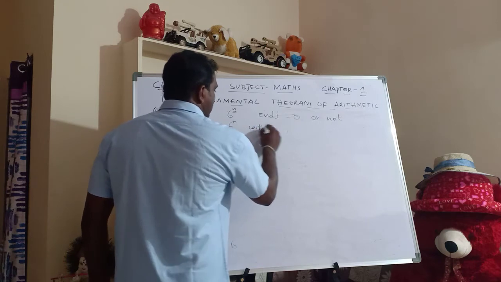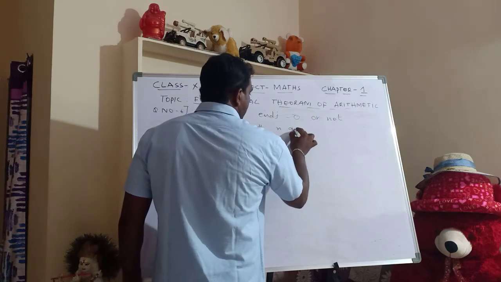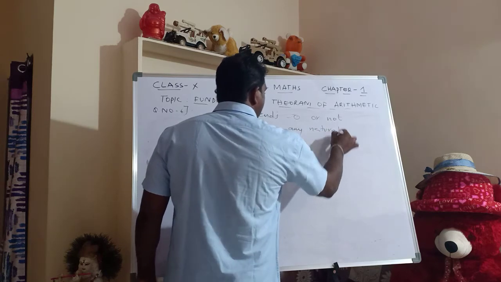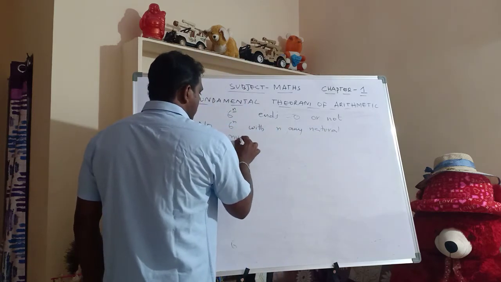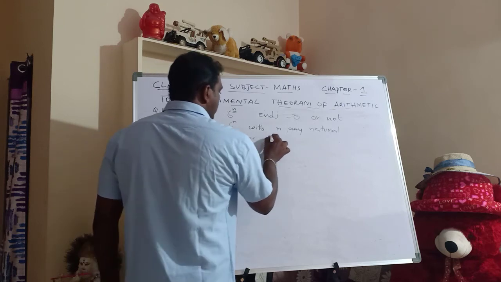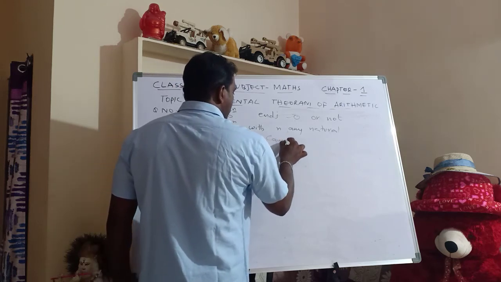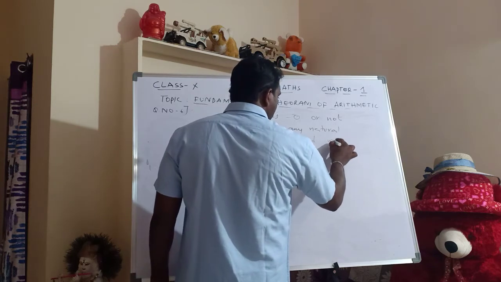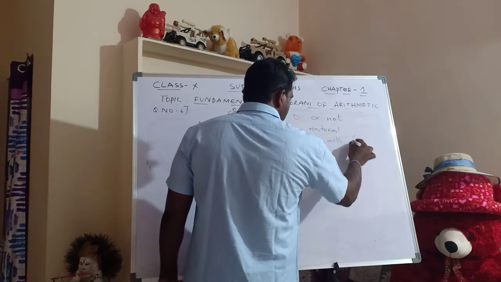With n any natural number, 6 power n cannot end with 0.